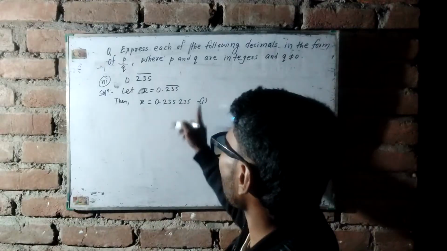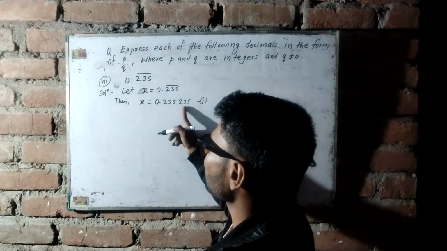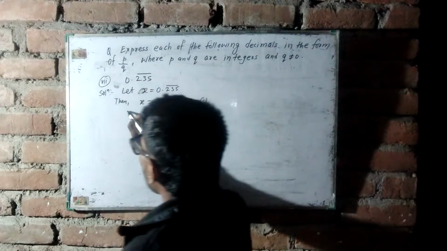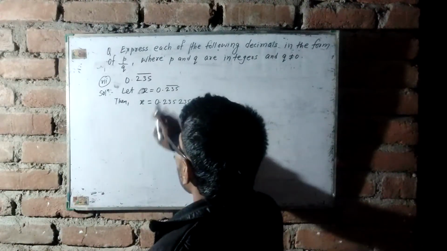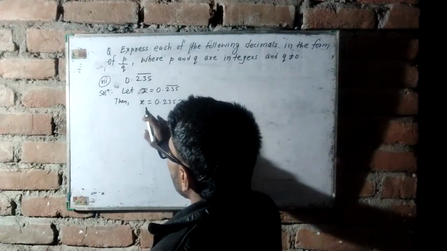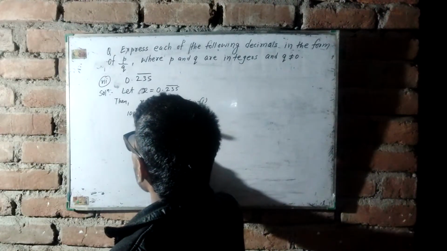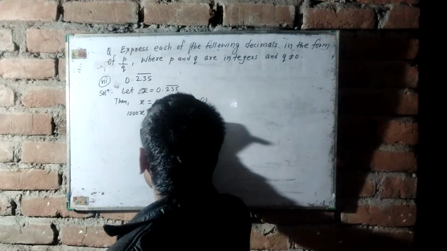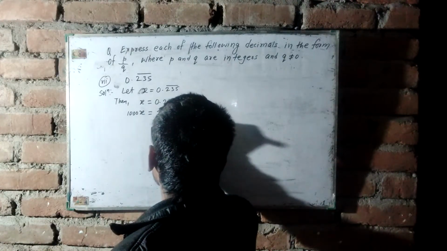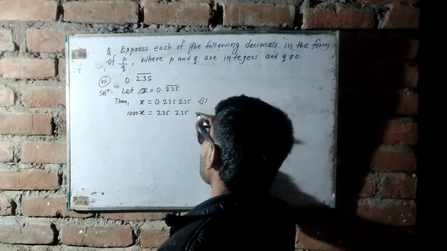So we multiply both sides of equation first by 1000 and we get 1000x is equal to 235.235. Let this expression be equation second.